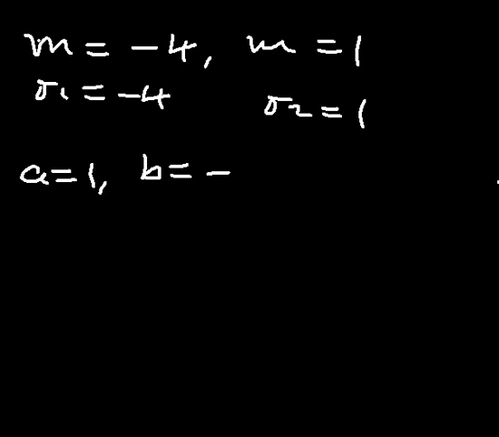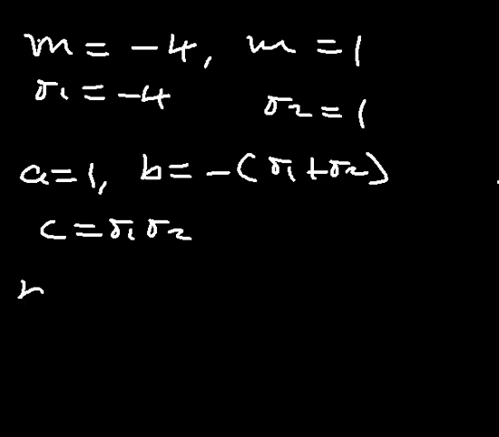The formula for b is negative (root 1 plus root 2), and c is root 1 times root 2. So b is given by negative (negative 4 plus 1), which is a positive 3.